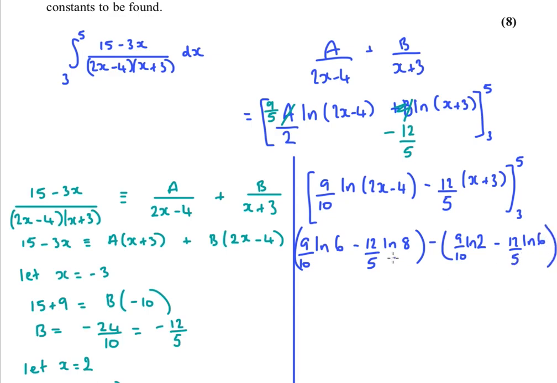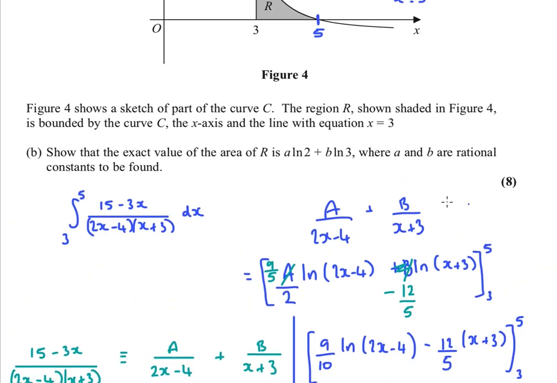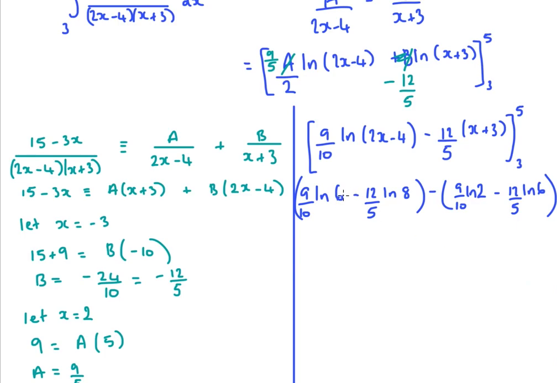Now, it's great that we've got some logs, but they had in their answer just natural logs of 2 and natural logs of 3. And we've got 6s, 8s and 2s. So how are we going to get 2s, just 2s and 3s? And the trick here is to remember that we've got a rule for logs that says that the natural log of a product is equal to the two values added together.